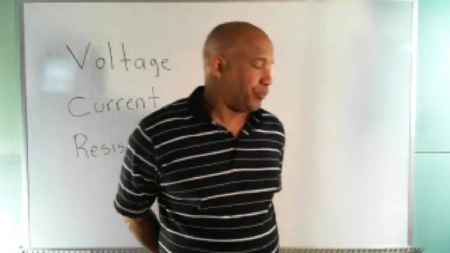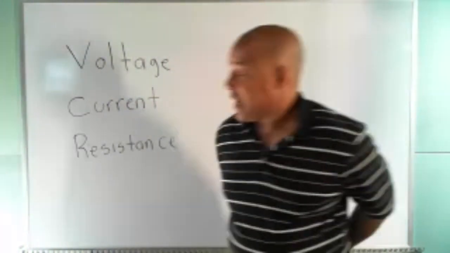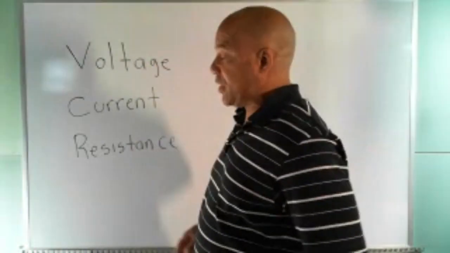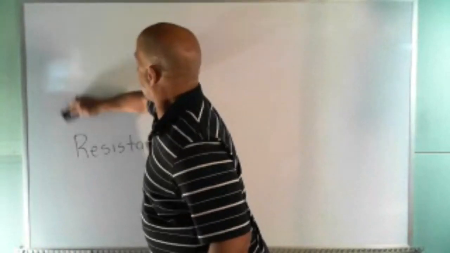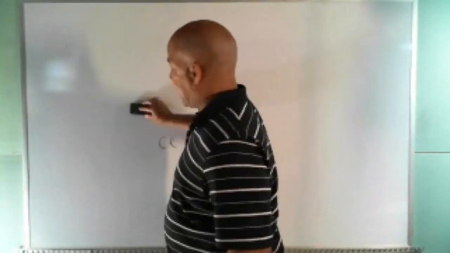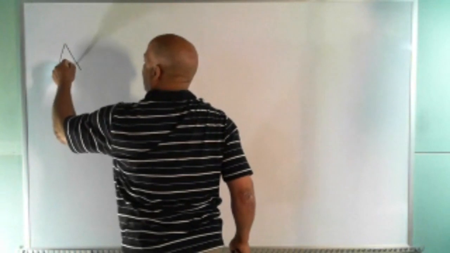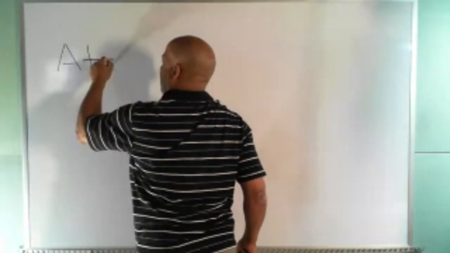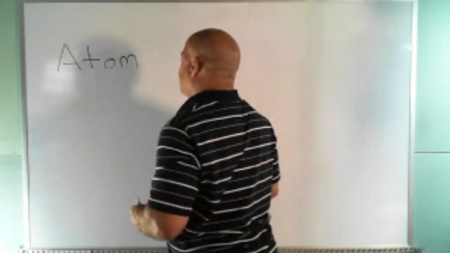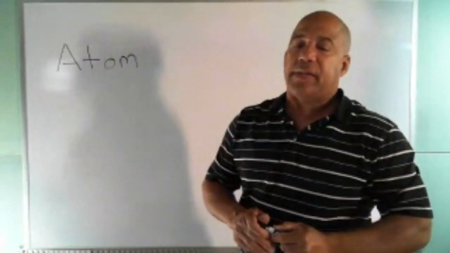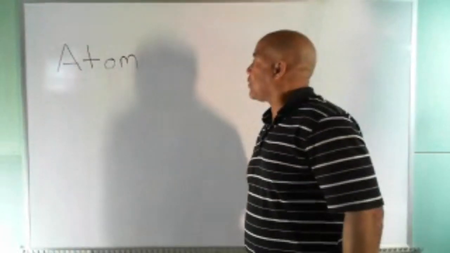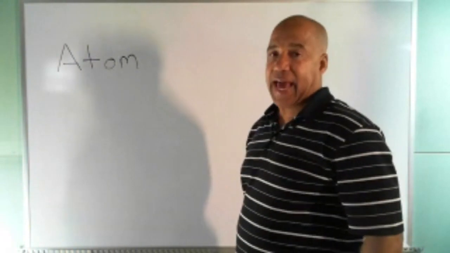All right. So we got a long journey to get into this stuff to understand what it is. And here's the way we're going to start the journey. We're going to talk about something called an atom. And I'm sure you guys are familiar with this. To understand the nature of electricity, we have to first start with the idea of an atom.